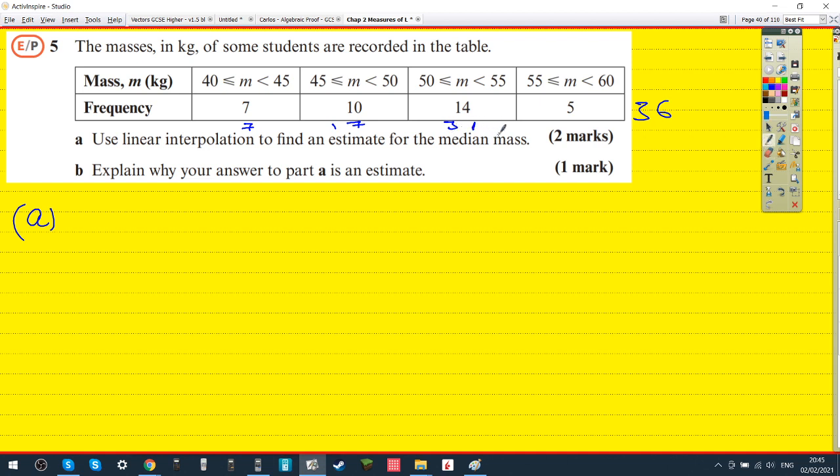Then 36. So we know that there's no gaps between each interval. Well done.